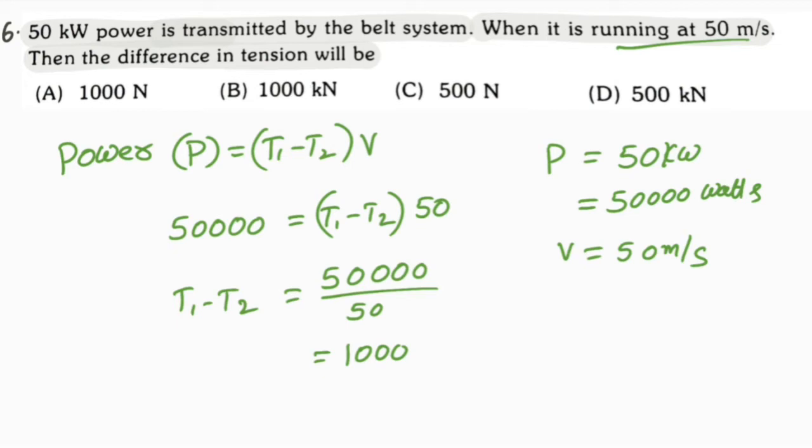Since it is tension, it is in newtons. So T1 minus T2 equals 1000 newtons. Look at option A. Option A itself is absolutely correct. Dear friends, this kind of problem is frequently asked. Try to practice this problem at least 2 to 3 times. Shall we take another problem?